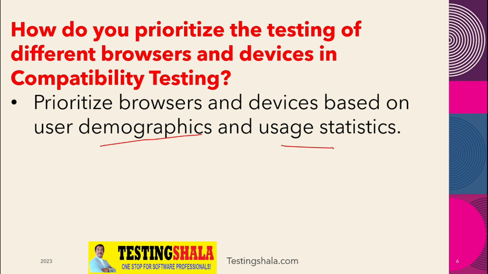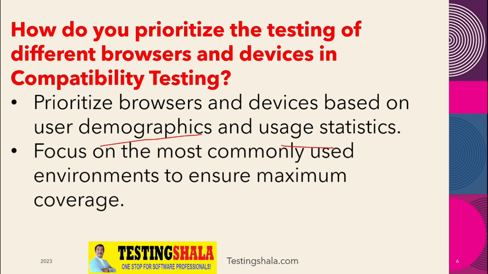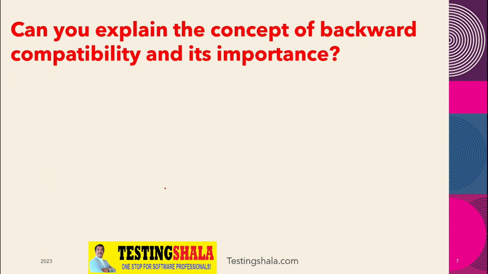Those things we should look into whenever we prioritize the tests across different browsers and devices. We also focus on the most commonly used environments to ensure that we cover the maximum in compatibility testing.